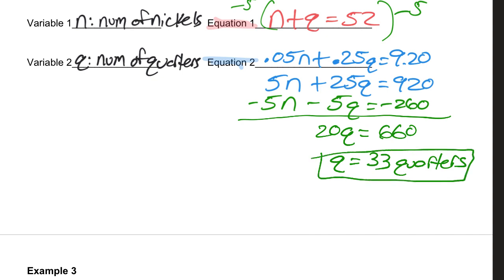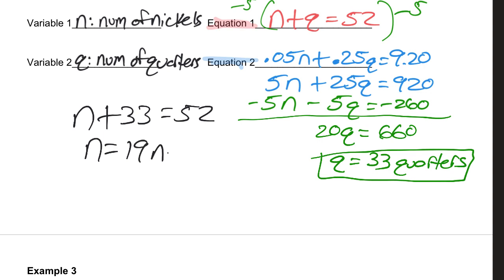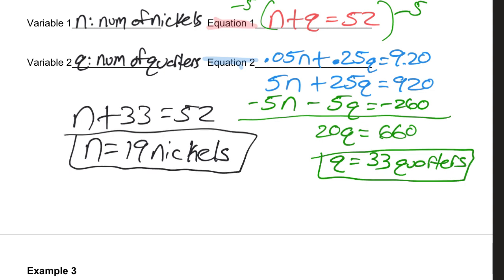Now, I'm going to go back to my original equation and do n plus, I'm going to plug in 33 for q equals 52. And when you solve, you're going to get that there's 19 nickels. All right, there you go. And in the next video, we will do examples 3 and 4.